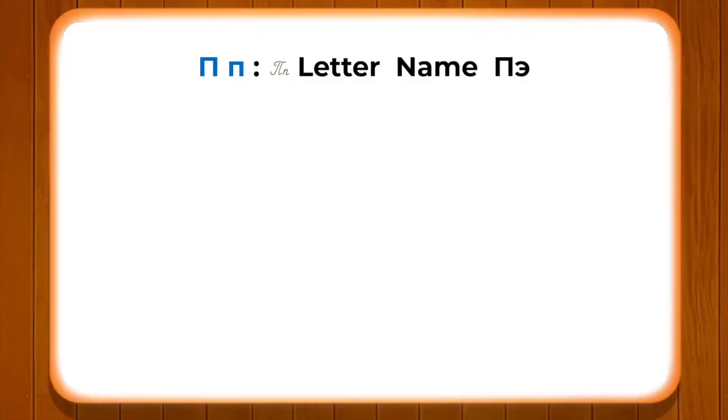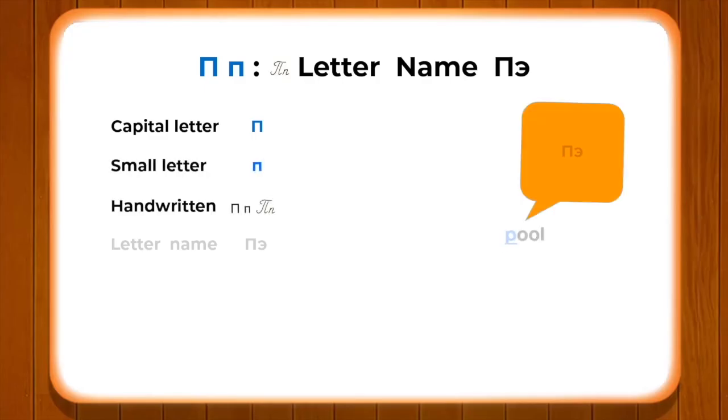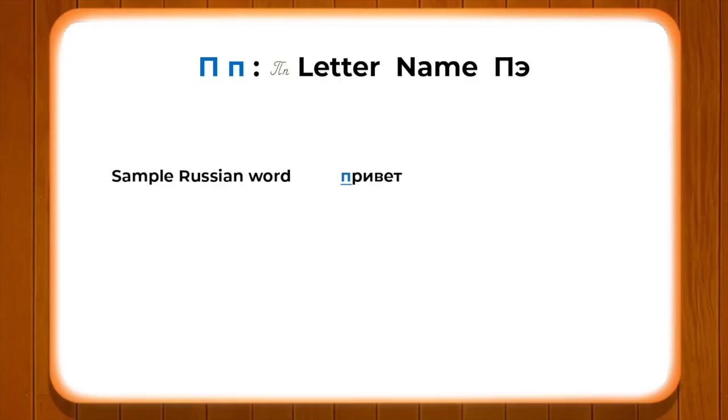So here we have the letter P, and for English approximation we can use P in pool, and a sample Russian word which we have here is Privyet, which means hello. You also need to learn certain greetings which we will be covering in upcoming modules, but here, since we have the word with us, you can learn it.